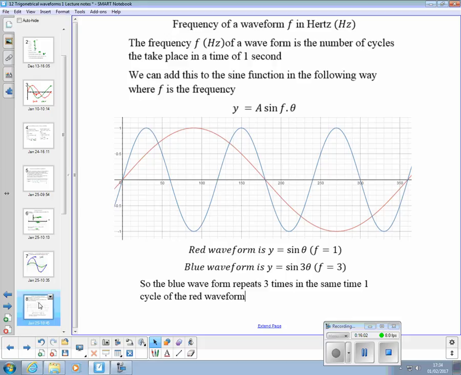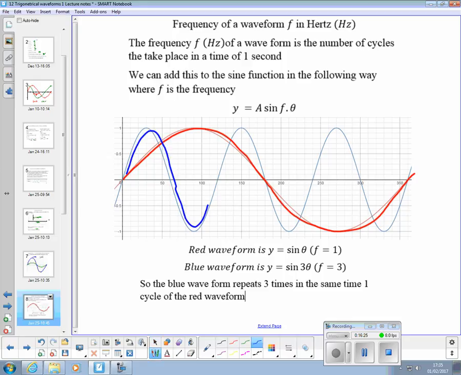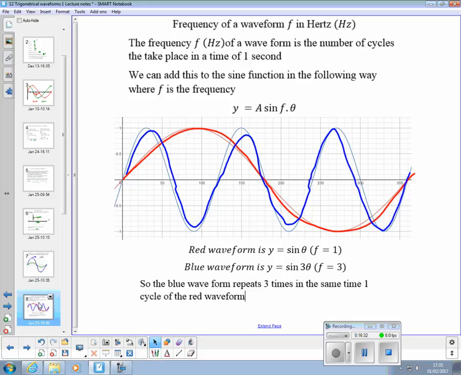It's going to do 3 times as many cycles in the same time as the first one did 1. So here's 1 cycle for the red one there. And in the same 360-degree angle notation, the blue one is doing 1, 2, 3 cycles, 3 hertz compared to the other one.